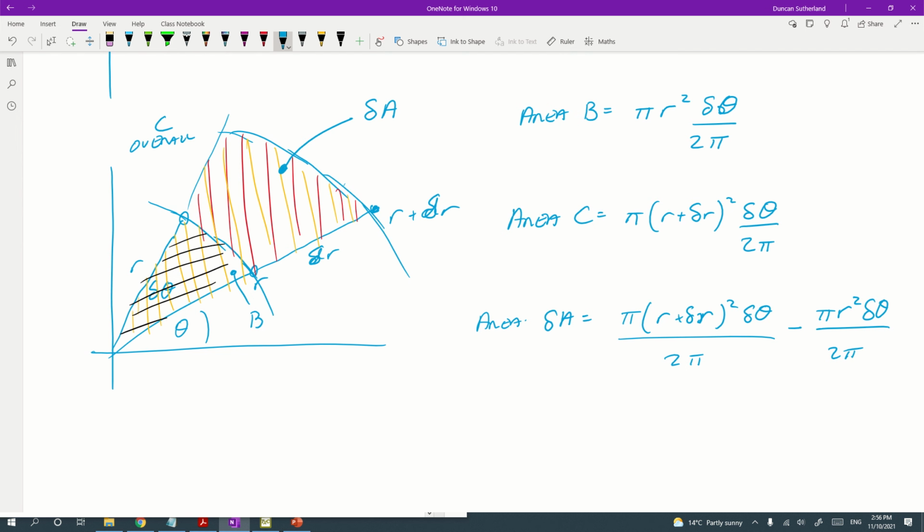Right, and this can be simplified to r delta r delta theta plus delta r squared delta theta over 2. Okay, so that's just simplifying that expression there.